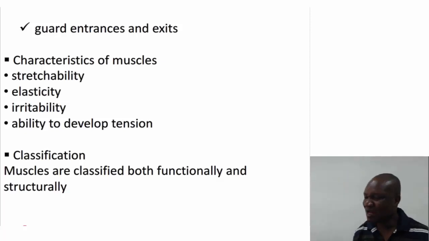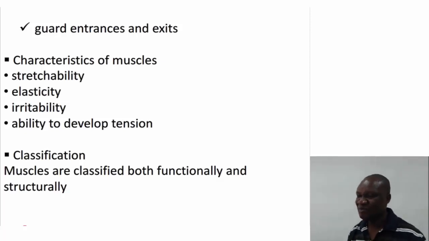Now we'll look at the characteristics of muscle. First, they are stretchable. You can stretch muscle, just like you can stretch any elastic material. Then they are elastic. You stretch muscle and it comes back to its original length.